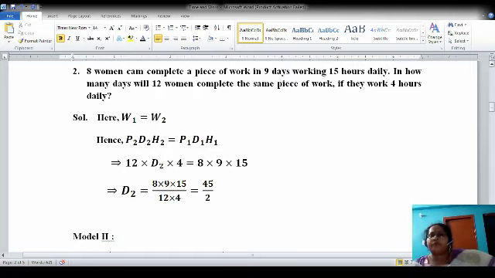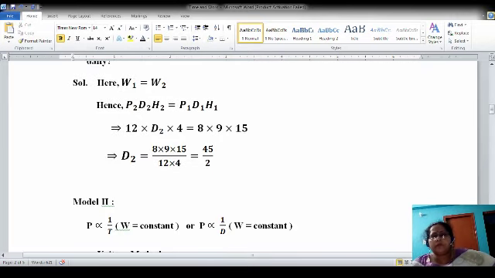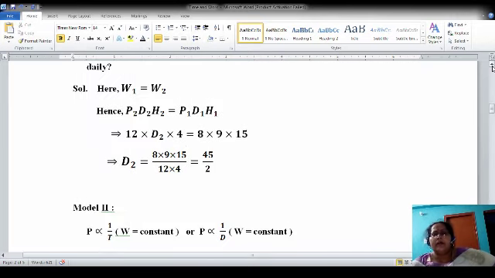Okay, now next I will come to another type of model. Let us understand that if the work is constant, the number of persons needed will be inversely proportional to the time.